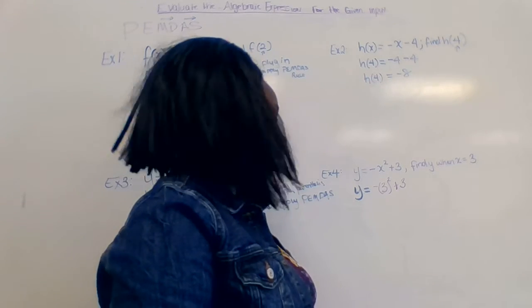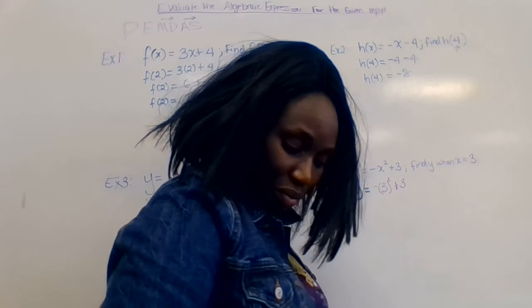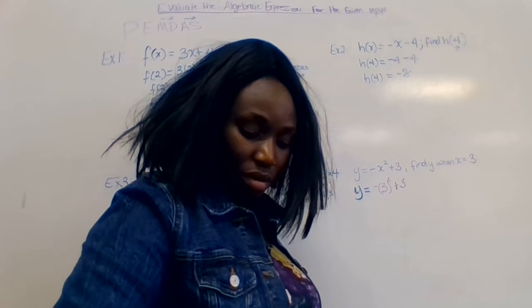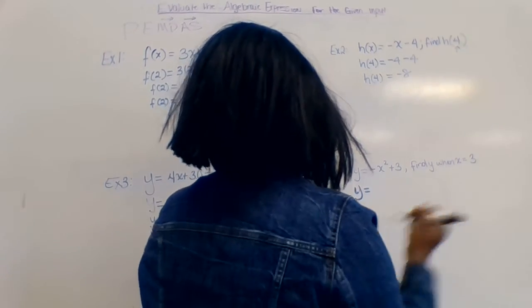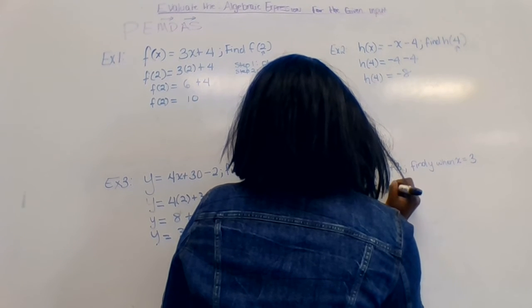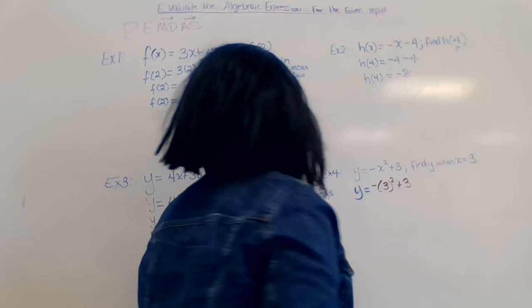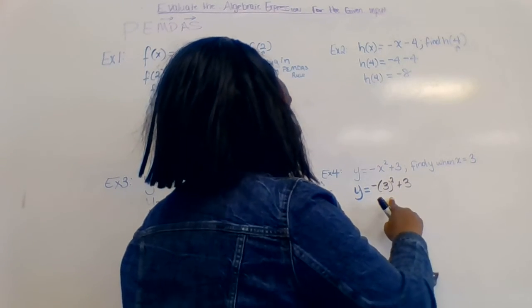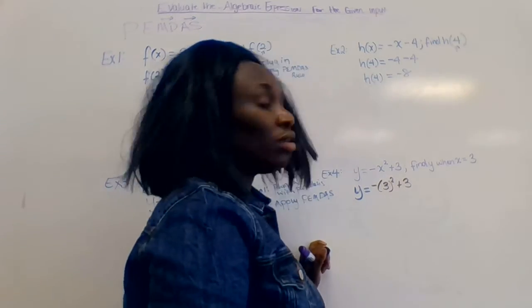Once you have plugged in, all that's left to do is to evaluate. I'm going to rewrite this. To evaluate, I simply would do order of operations. So I'm going to do the square first.